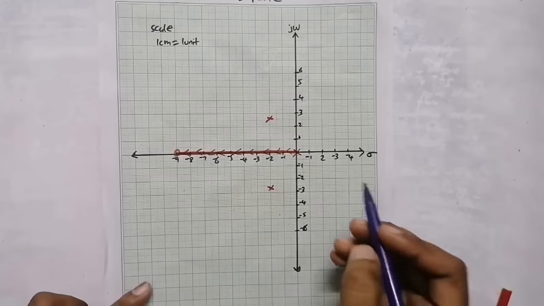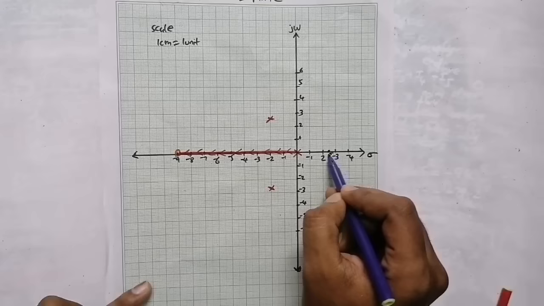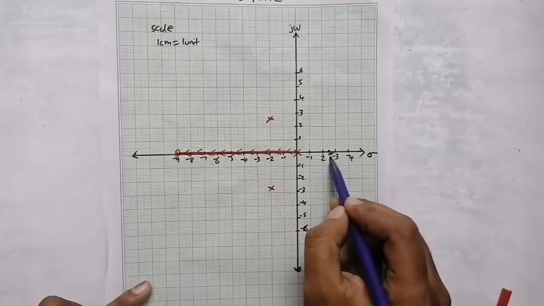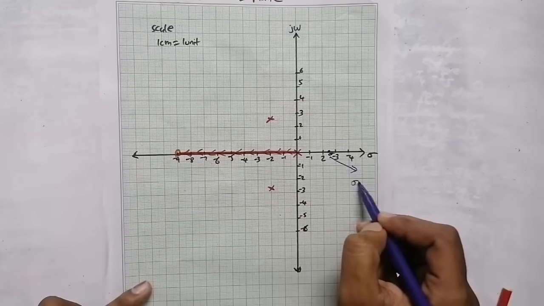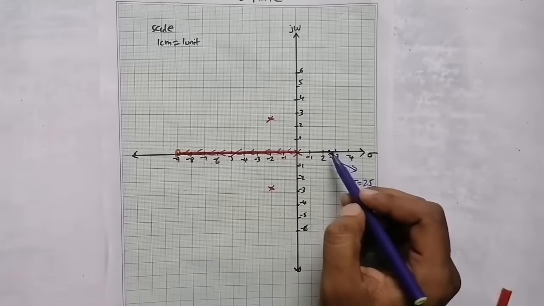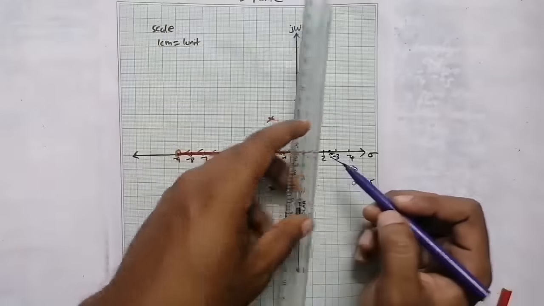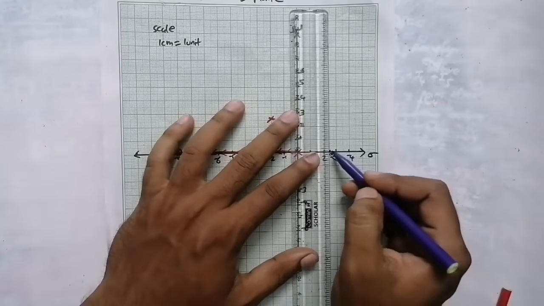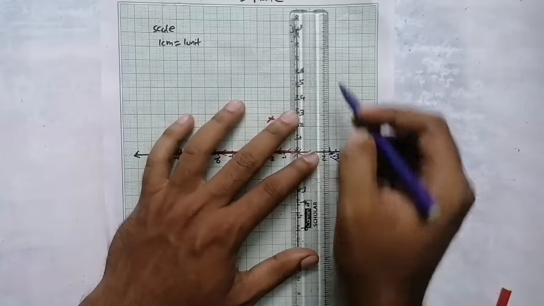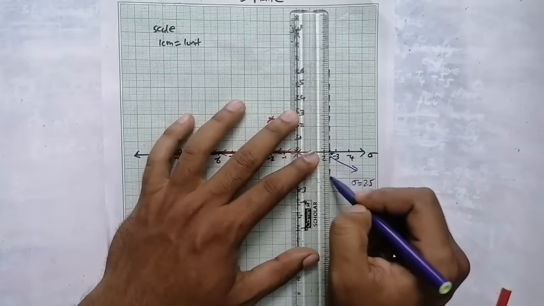We found that the centroid is at 2.5. At 2.5 we have the centroid, that is sigma. So we can denote that here. The centroid is at 2.5. Now the angles of asymptotes are plus or minus 90. We need to draw the asymptotes using dotted lines. So by using dotted lines, this is plus 90 and this is minus 90.